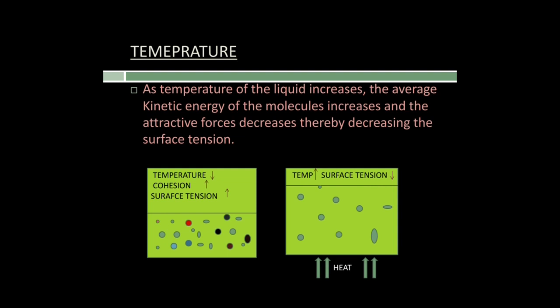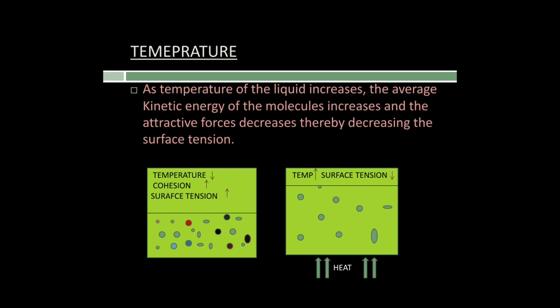If we consider a liquid like water, the oxygen and hydrogen are bonded by a covalent bond, which is a fairly strong bond. Whenever we give heat to the liquid, these molecules try to get away from each other, breaking the bonds, and as a result the cohesive attractive force between the molecules decreases and the surface tension of the liquid as a whole decreases.